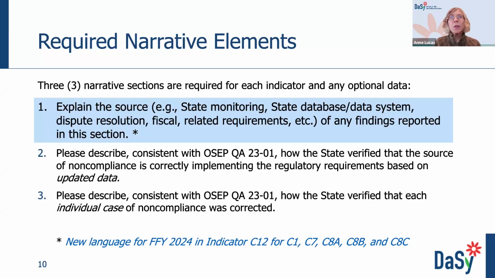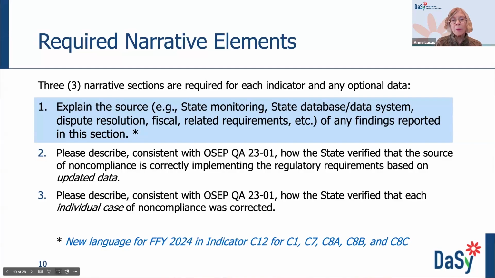Under the compliance indicator tables in C12, C1, C7, C8A, C8B, C8C, these 3 items are included there as narrative boxes, information that you must describe. These 3 same boxes or headers are under the optional reporting if you choose to report optional information.